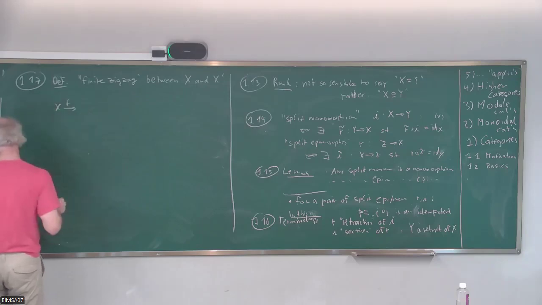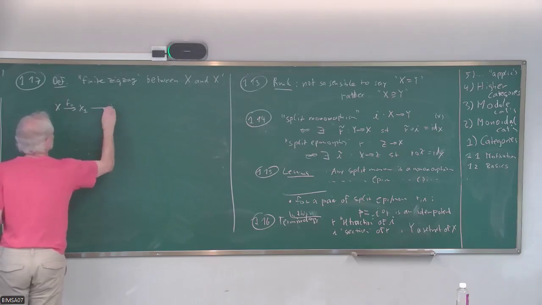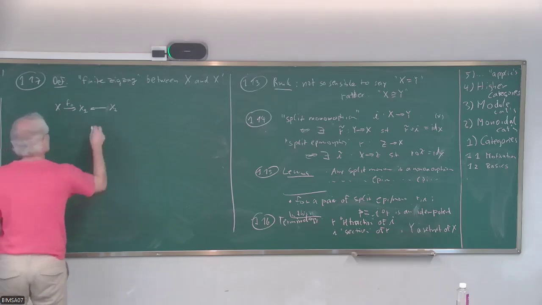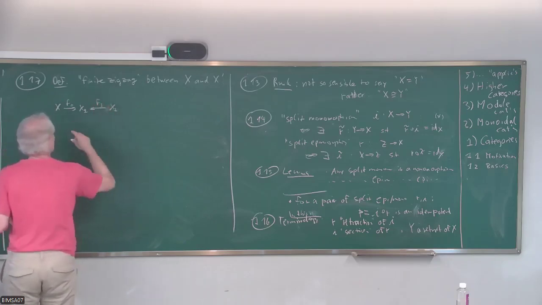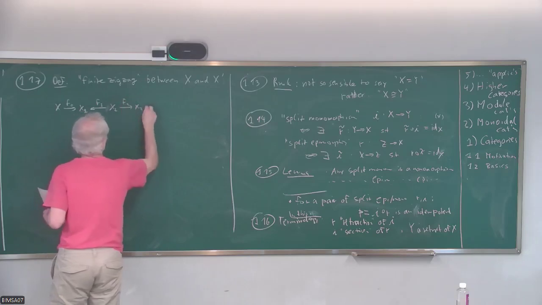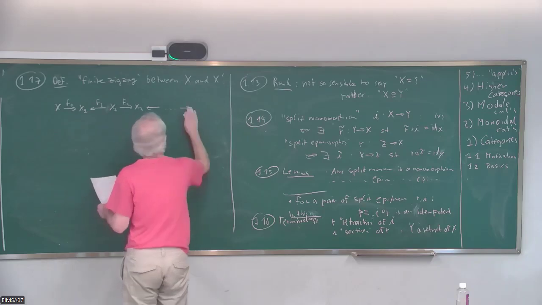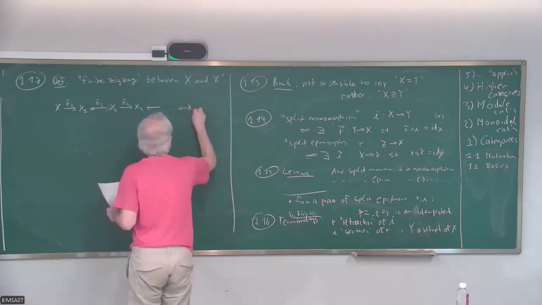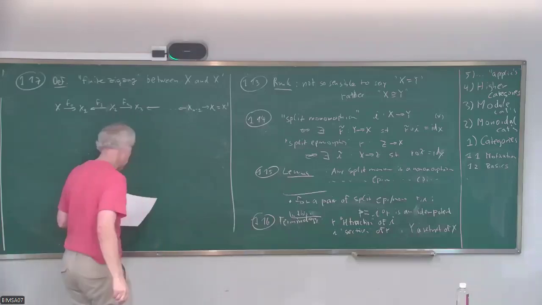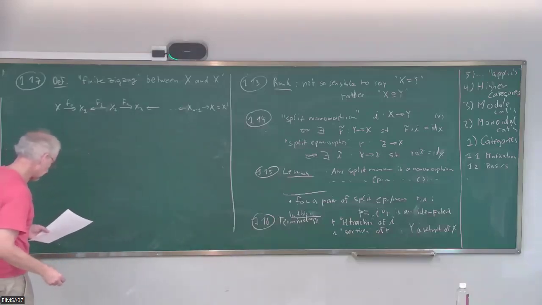You have an F0 from X to some X1, then you have an X2, and you have a morphism F1 from X2 to X1, then you have an F2 to some X3, and so on. And this ends up with some X(n minus 1), and then you have an Xn, and the Xn is equal to X prime.